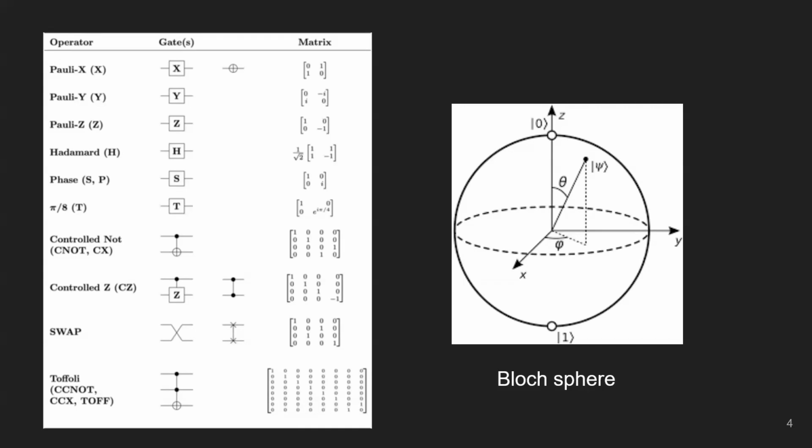Okay, so we've got 4 gates so far. Hadamard, if you apply it to the 0 state, you go to the equator. If you apply the Hadamard to the 1 state, you also go to the equator. I don't remember which is which, but one of them goes to this side of the equator, and the other to this side.